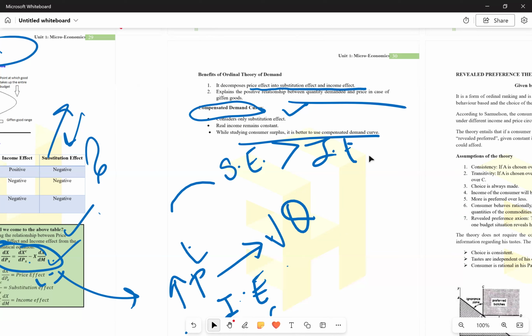So if the real income is variable, that willingness to pay and what he actually pays would keep on changing. So just for simplicity's sake, we keep real income constant.